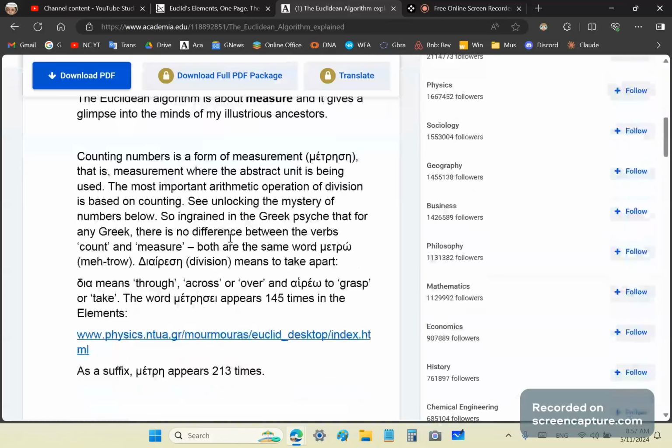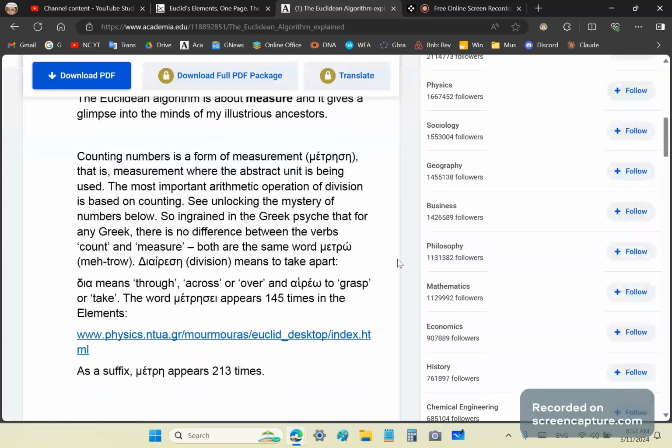And I'll explain that in a minute. So counting numbers forms the basis of the Euclidean algorithm. In other words, it's measurement where the abstract unit is being used. So, and I'll explain that also in a moment. So the most important arithmetic operation of division is based on counting, right?